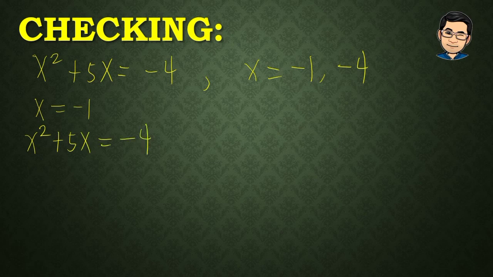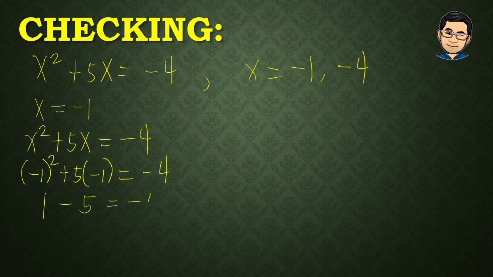So, and then substitute negative 1 in place of x. Ayan. So, negative 1 squared, that is 1. 5 times negative 1 is negative 5 equals negative 4. 1 minus 5 is negative 4 equals negative 4. So, tama siya. Yung root natin na negative 1.